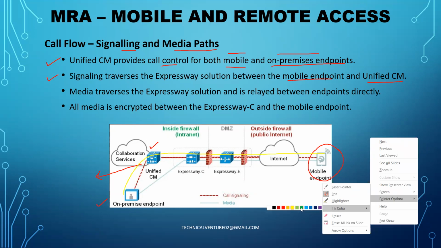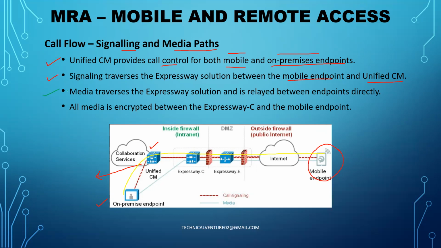Right? And now the other one, the media. It says media traverses the Expressway solution and is relayed between endpoints directly. So it will not go to CUCM. It will directly go to the Expressway Core, then to the Edge, then to the Internet, and then to the mobile endpoint.